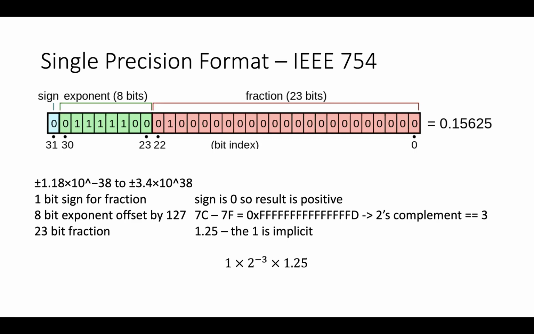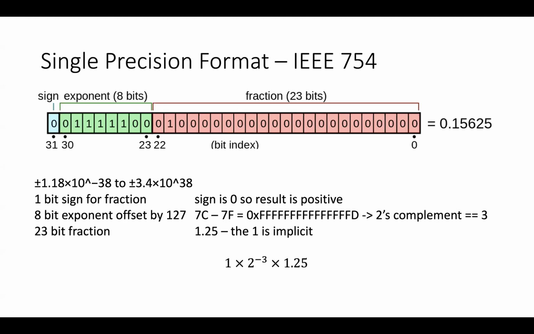So this is -3. Look at the math there. 7C minus 7F. That's a negative number. So this is a -3. Then you have a fraction. Now, for the fraction, you assume that there's a 1 in front of the fractional part.